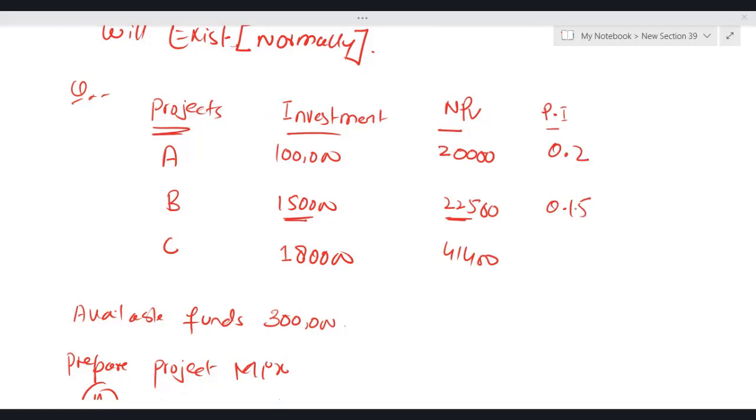That's great. And then 0.23. Let's see the order: number 1, 2, and 3.